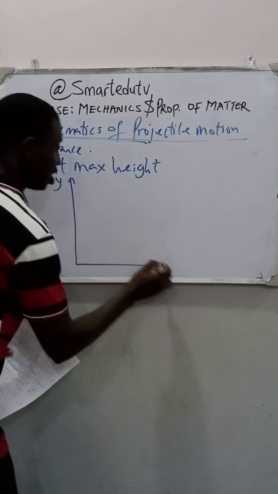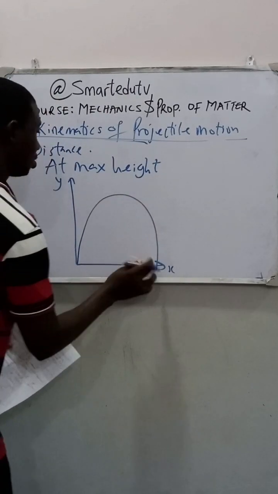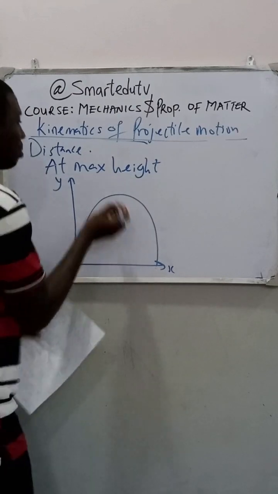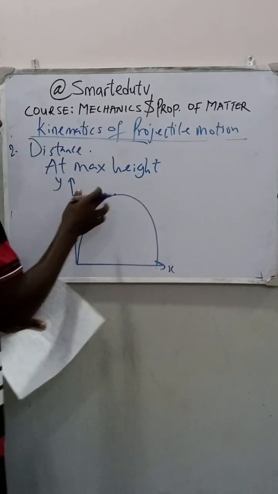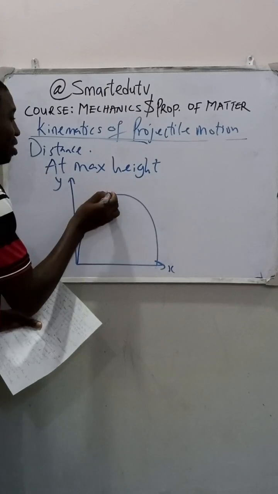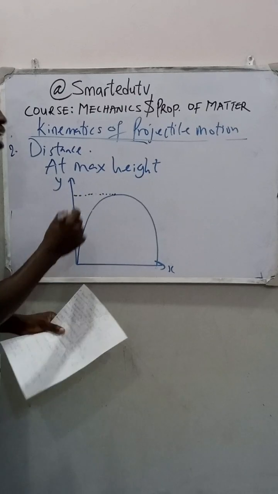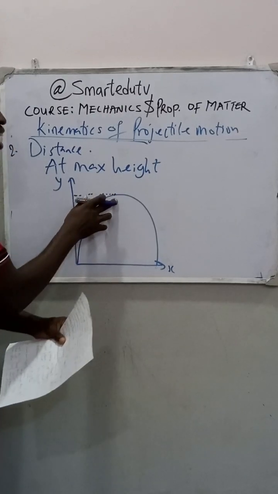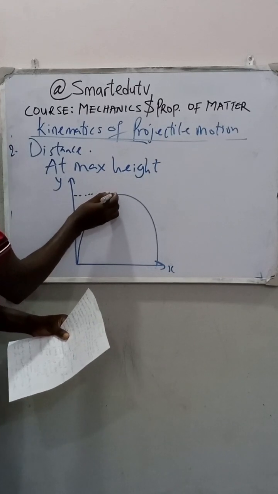This is my y-axis, this is my x-axis. This is my projectile motion. At maximum height, the height is maximum. This is the highest point of that projectile motion, the peak.